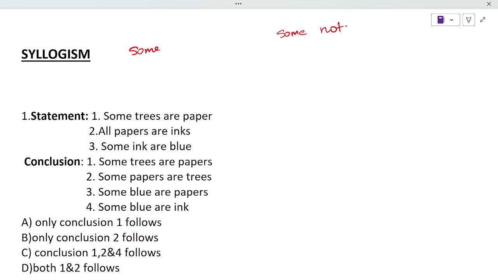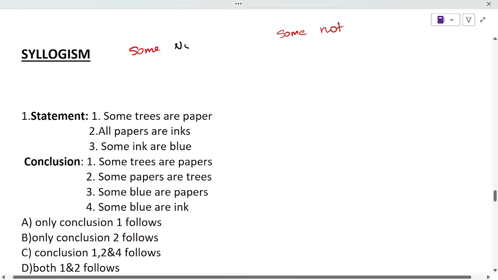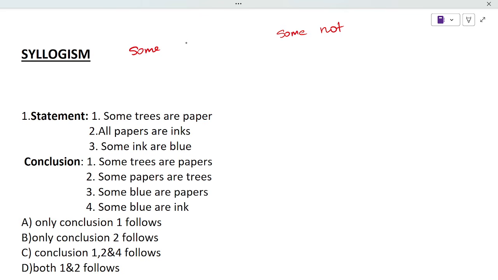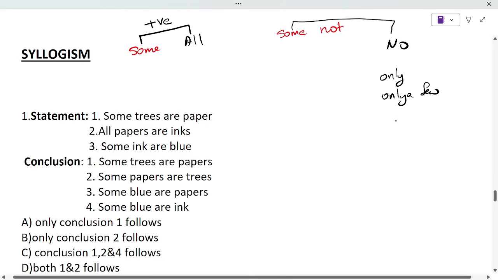In syllogism, the only positive words are some and all. The negative words are some not and no, and then the rest of the possibilities are can be, only a few, and so on.